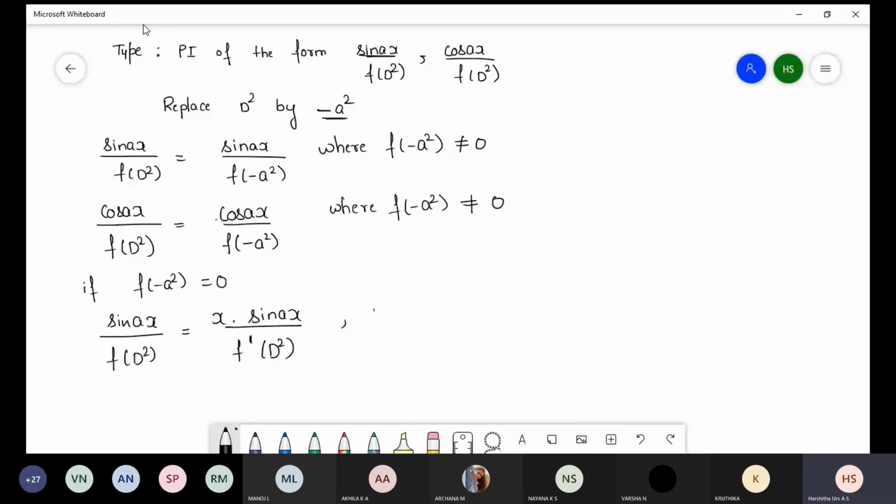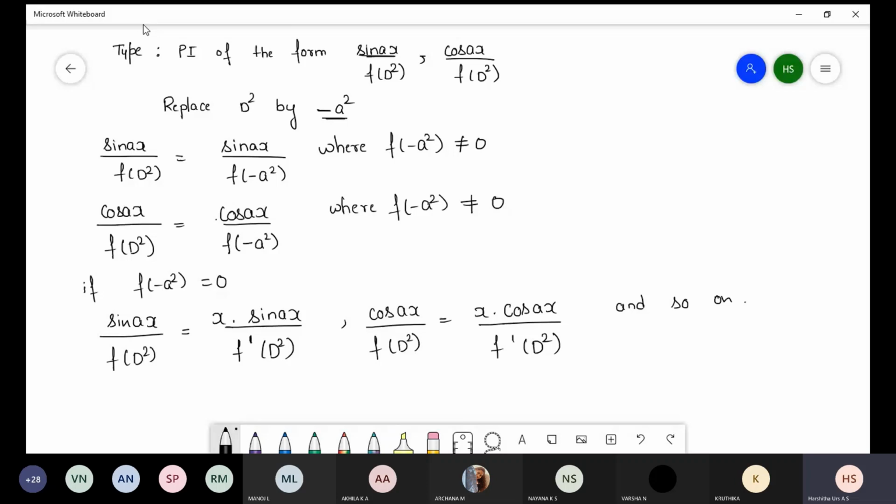Same thing for cos ax divided by f of D square: x into cos ax divided by f dash of D square, and so on. This is the methodology we apply in type 2.